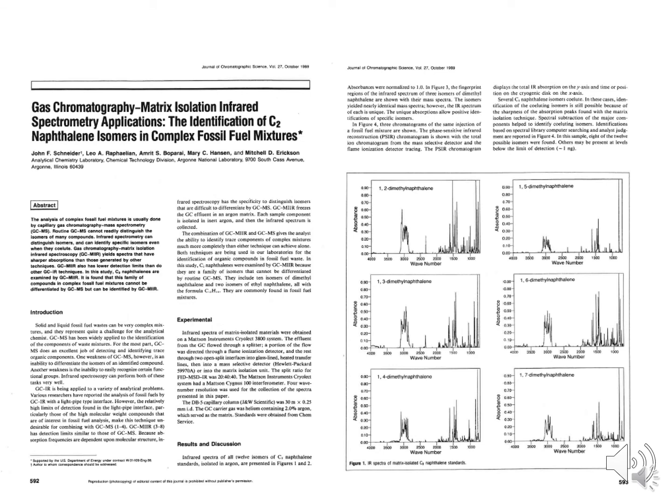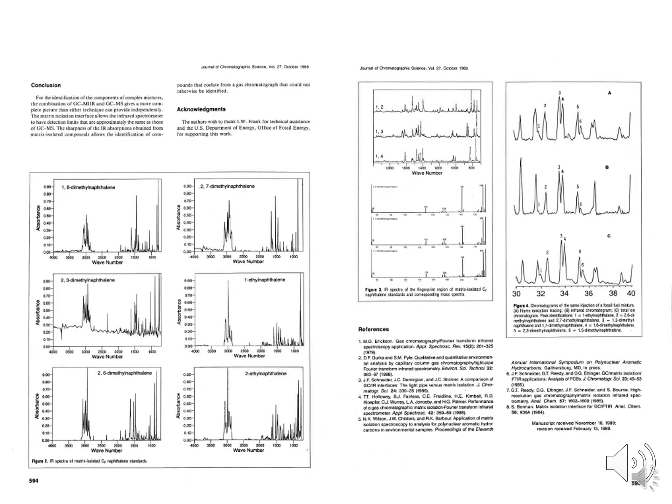Also look at dimethylnaphthalenes, anything where you have a lot of particular isomers possible. We're able to identify all the different C2 naphthalenes in a mixture.